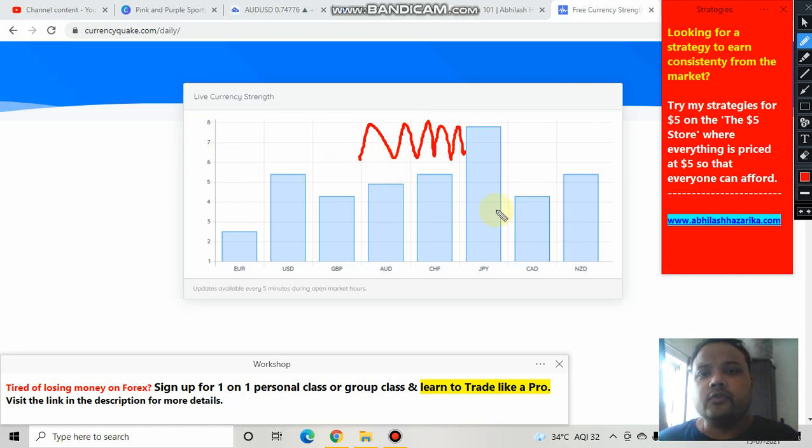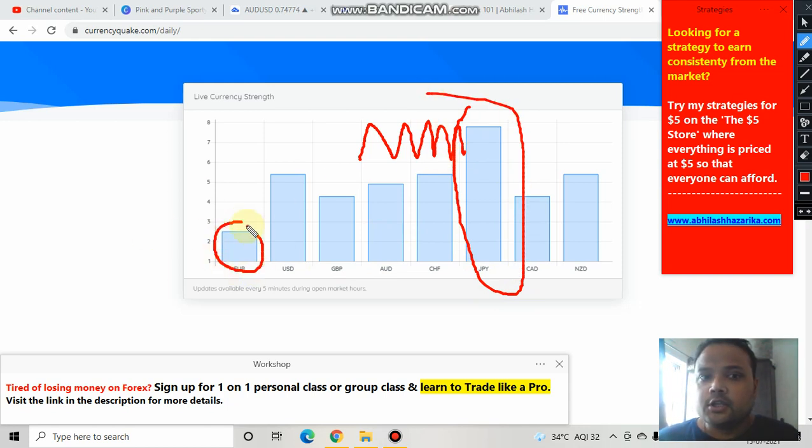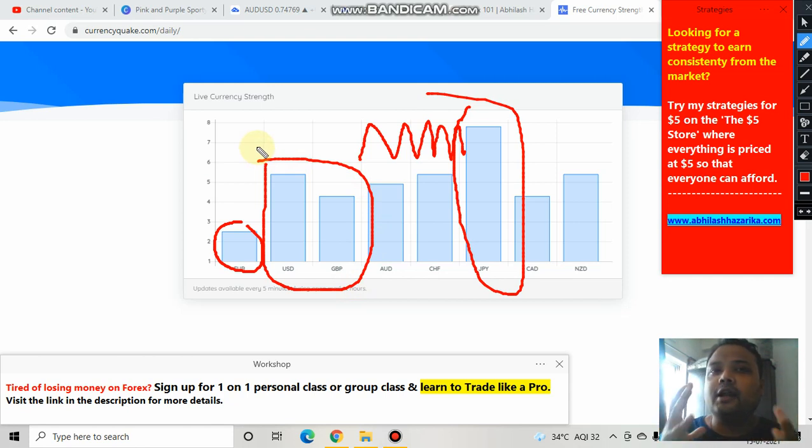If one currency is weak, let's say JPY is very strong and euro is weak, then you will see a trending market. But when you get two currencies of almost equal strength, the currency pair will remain sideways. GBP USD are of equal strength, so there is a possibility that there will not be much movement, or a trending market, because of the same strength in the two currencies.